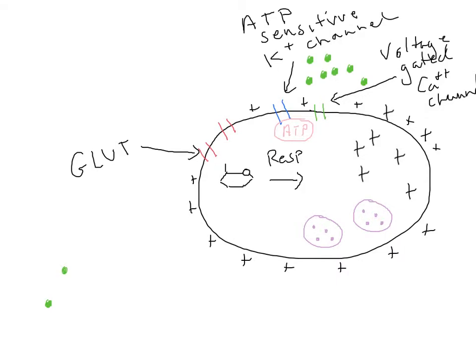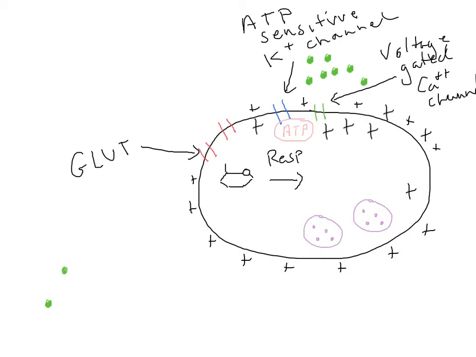The problem with that is that these potassium ions can no longer escape from the cell. So they act to depolarize the cell. No longer is it negatively charged inside, and it starts to become more and more positively charged due to the fact that these potassium ions are accumulating in the cell. They're being pumped in by sodium-potassium pumps, but they can't escape, so they're accumulating inside the cell.